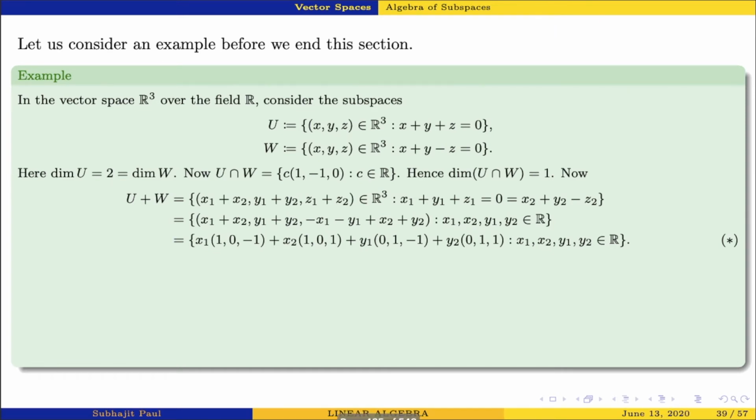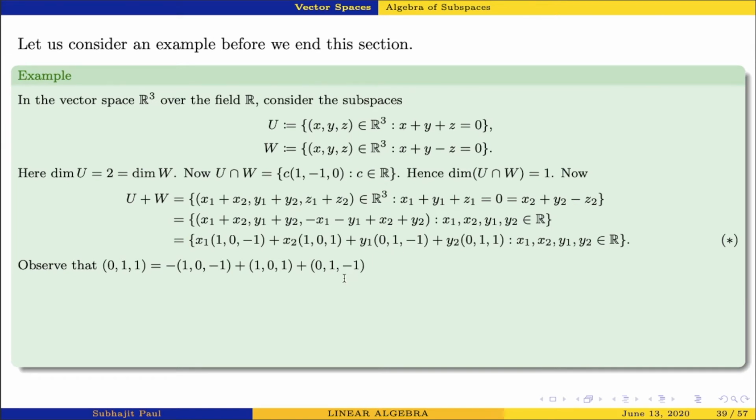Then observe that out of these four vectors (1, 0, minus 1), (1, 0, 1), (0, 1, minus 1) and (0, 1, 1), this last vector (0, 1, 1) can be written as minus 1 times the first vector, plus 1 times the second vector, and plus 1 times the third vector.